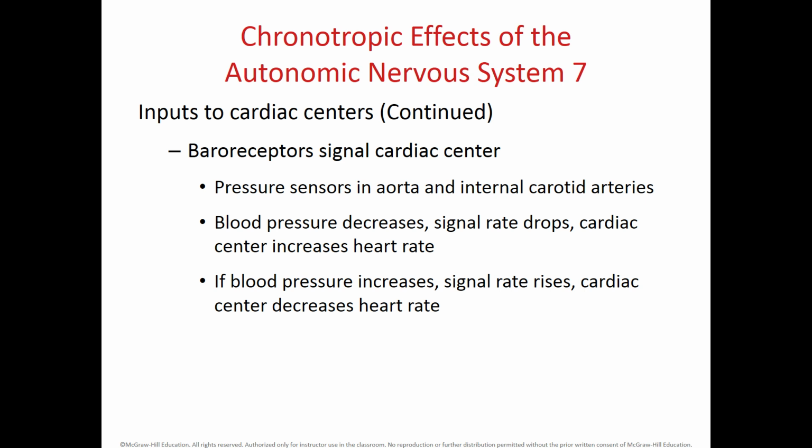When you have a drop in the blood pressure, the signal rate drops, so your action potentials become less frequent. That will send a signal to the cardiac center to increase the heart rate, and if the blood pressure increases, it will be the opposite. The action potential rate increases, the cardiac centers will be inhibited, so you will decrease the heart rate.